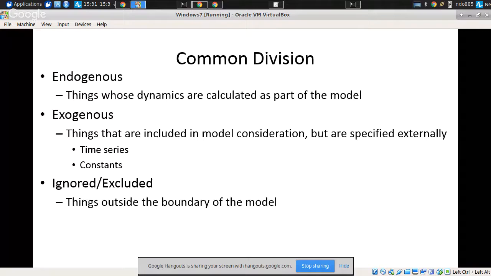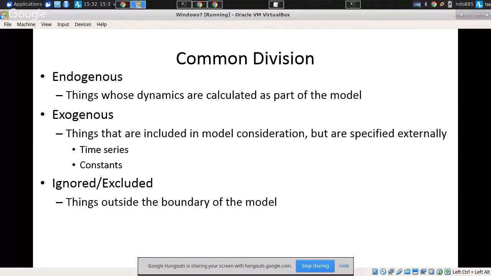The bottom ones are not represented. They're by definition left out, okay? Often consciously so. It's not that they don't exist. We just don't think they're relevant to the model at this juncture. We don't think they're the most important things to put in next. The two top things, ladies and gentlemen, are represented, but they're represented in different ways.